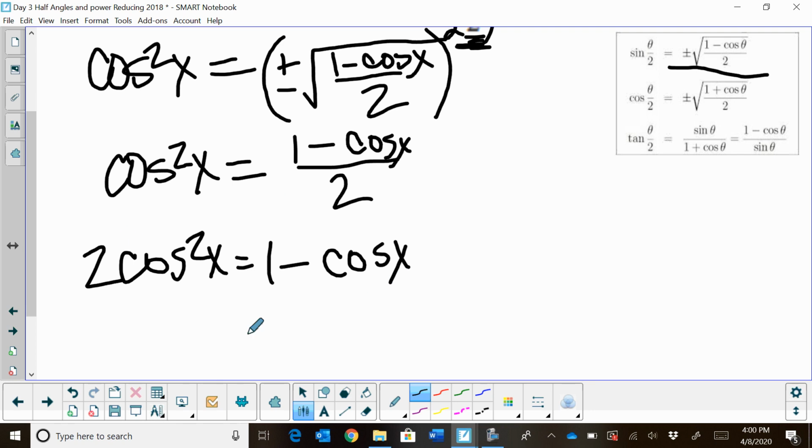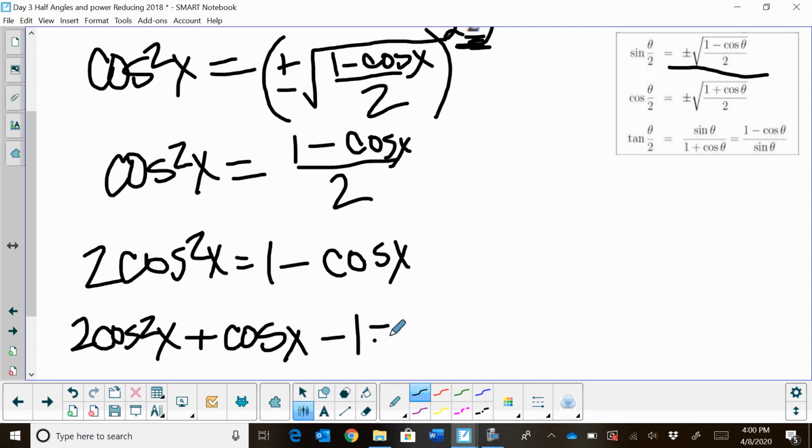We want to get everything to the same side. This one's going to end up being a trinomial. So we have 2 cosine squared x plus cosine x minus 1 equals 0. Now let's factor this trinomial.